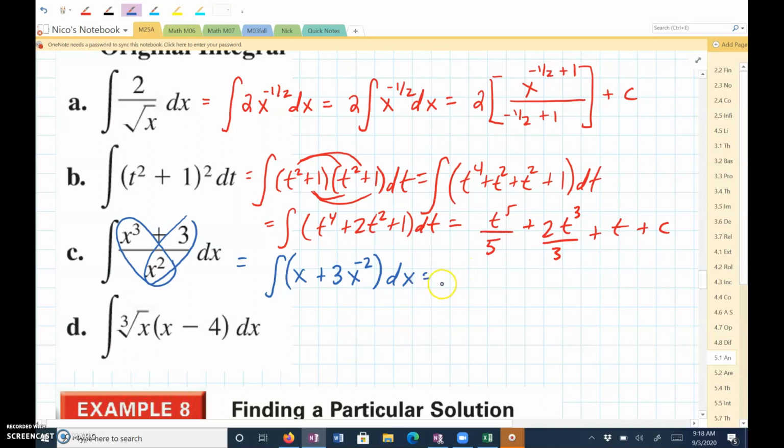Then this would end up being x to the 2nd power all over 2 plus 3x to the negative 1st all over negative 1 plus c. So this is going to be x squared over 2 minus 3x to the negative 1st plus c.